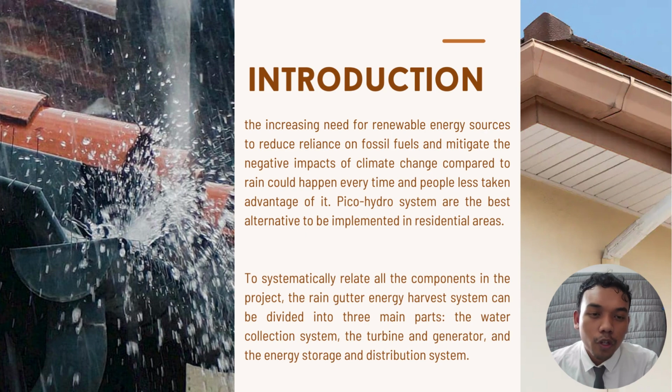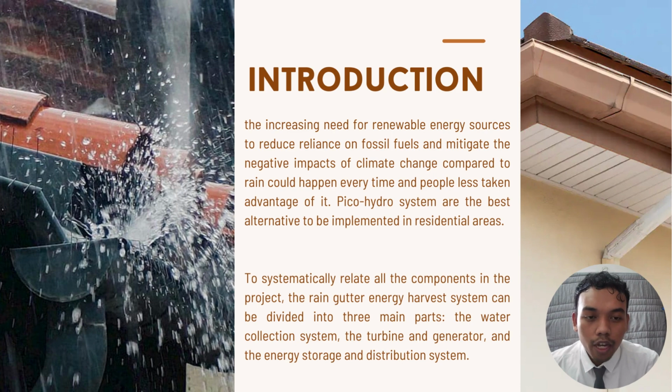All right. So before we go in depth, this is my introduction. Basically, how I came up with this idea is that the need for renewable energy sources is greatly increasing in demand because of the reduced reliance on fossil fuels and the need to mitigate the negative effects of climate change, which is the main important thing for the current era.